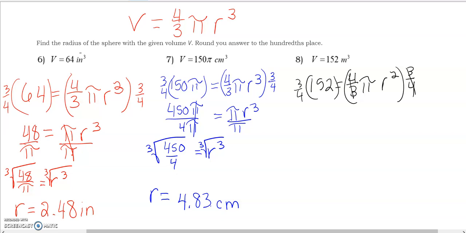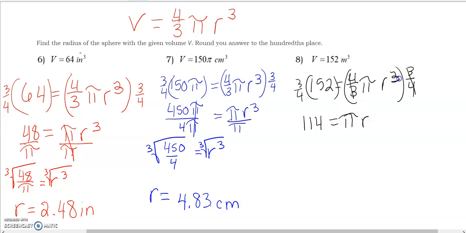I'm going to multiply 152 by 3/4. And this time it does come out to a nice whole number. So when I do 152 times 3/4, I get 114 equals pi r.